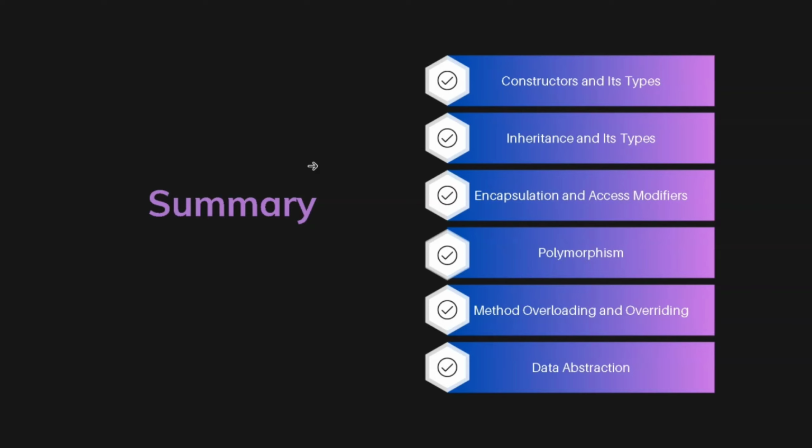Then we saw the third pillar, which is polymorphism, that shows many forms but one function. We saw its example in operator overloading, where the plus sign is actually doing addition and string concatenation. Similarly, in method overriding, the subclass and superclass have the same method name, but the subclass has its own different implementation.